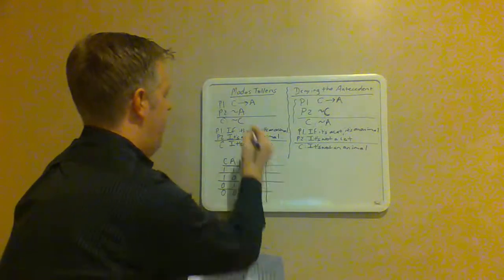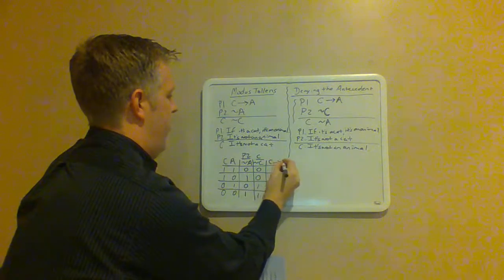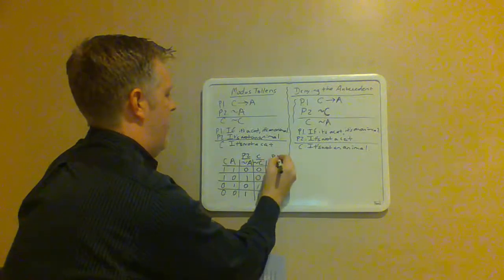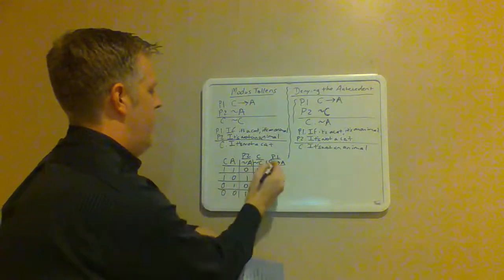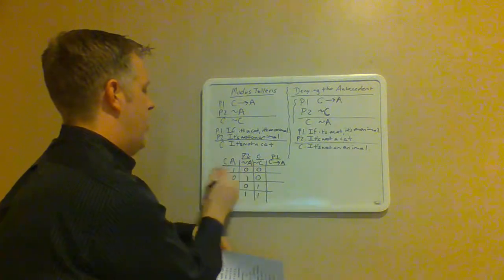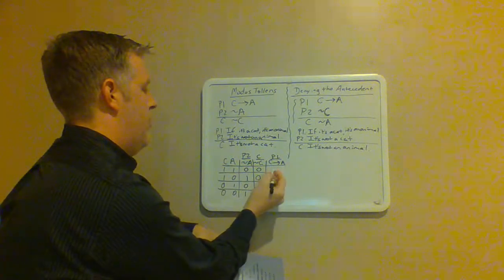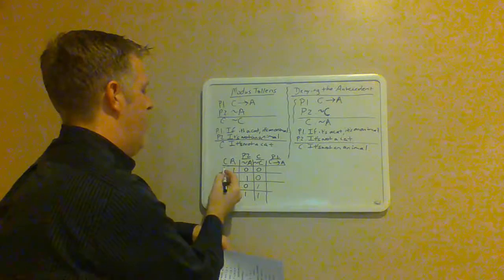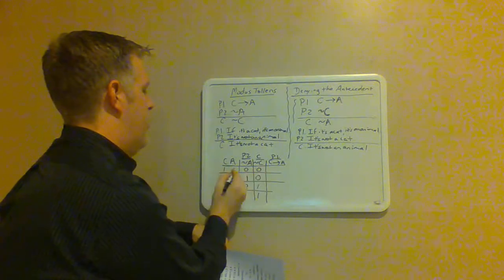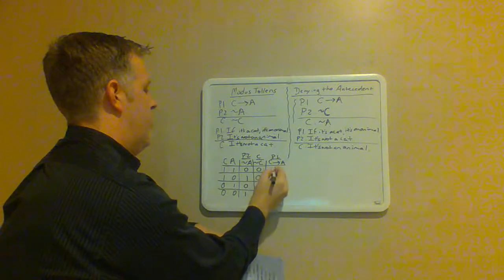Okay. And then finally, we'll go ahead and put that conditional in there, which was our first premise. Okay. If C, then A. So we'll go all the way back over to the left here. We need a true antecedent and a false consequent in order to put a false value here, right? Well, these first two are both true, but in this first row, the A or the consequent is still true, so that's true.